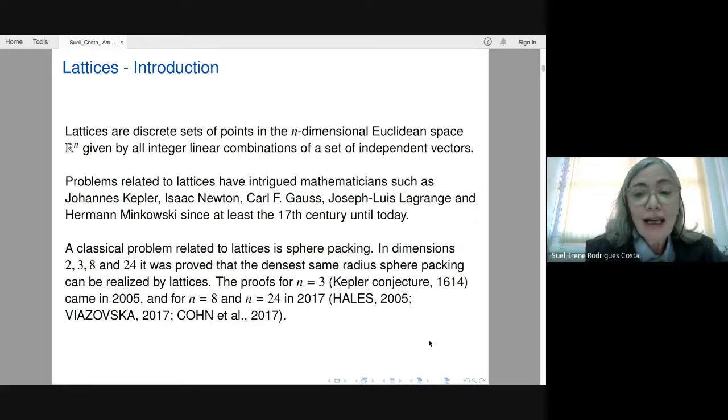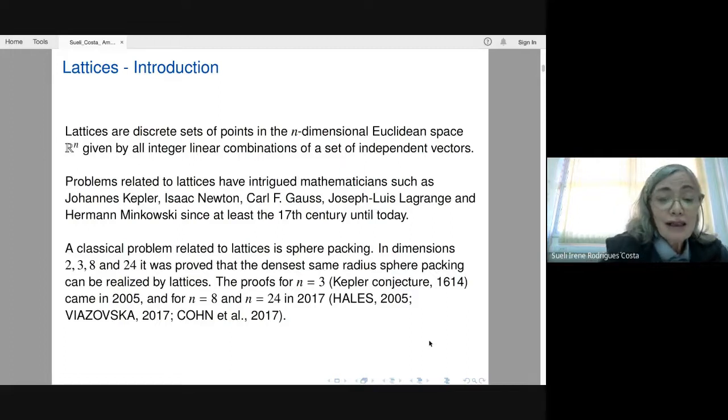A classical problem related to lattices is the problem of sphere packing, which has application in many areas, right? In dimensions 2, 3, 8, and 24, it's proved that the densest sphere packing in the space can be realized by lattices. The conjecture is that it is the same for all dimensions.